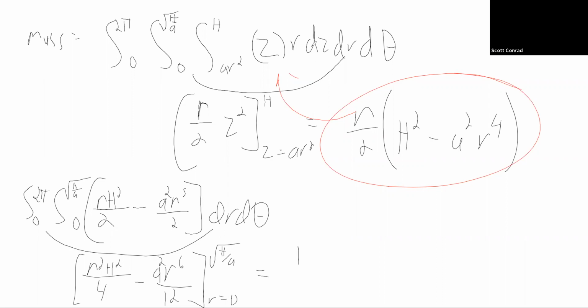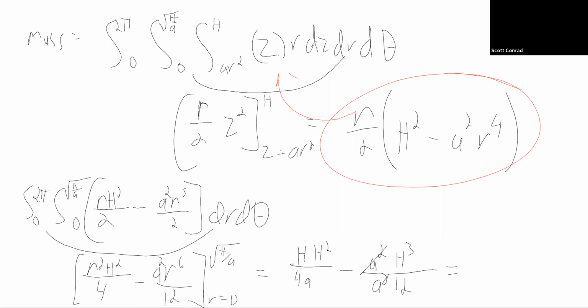So we get h over 4a times h squared minus a squared h cubed over a cubed times 12. So we get h in both of these. We get h cubed on top, a on the bottom.